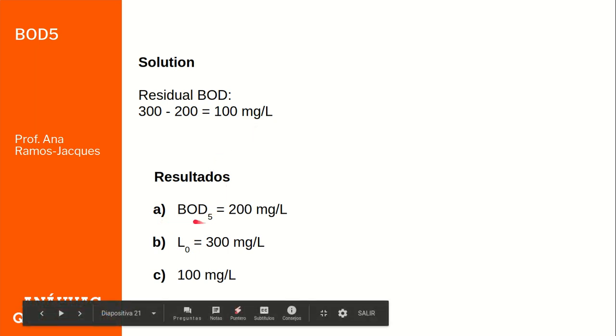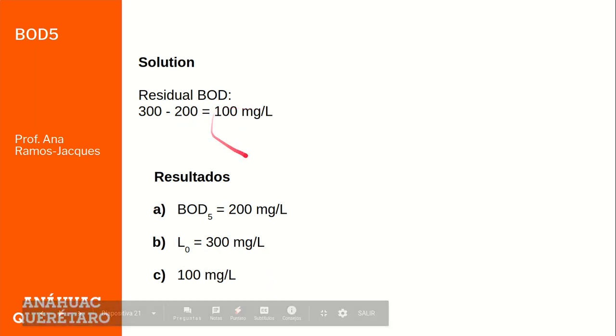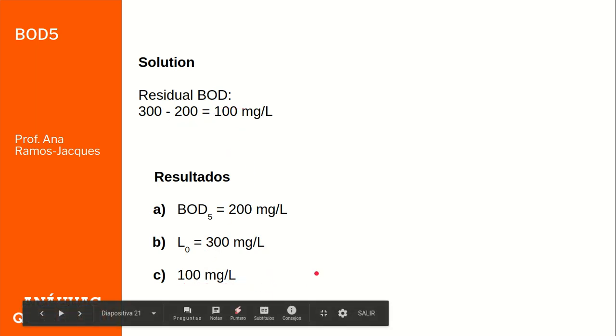So the results are the BOD 5 is 200 milligrams per liter, the total carbon oxygen dissolved is 300 milligrams per liter, and the residual BOD is 100 milligrams per liter.